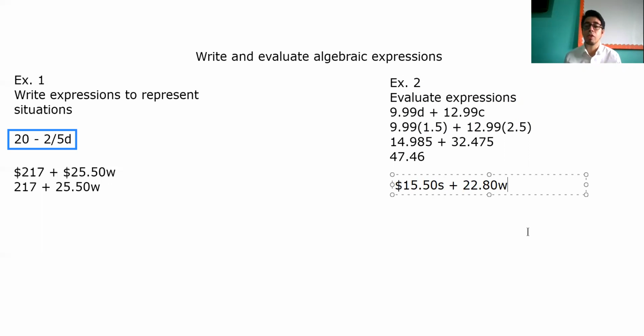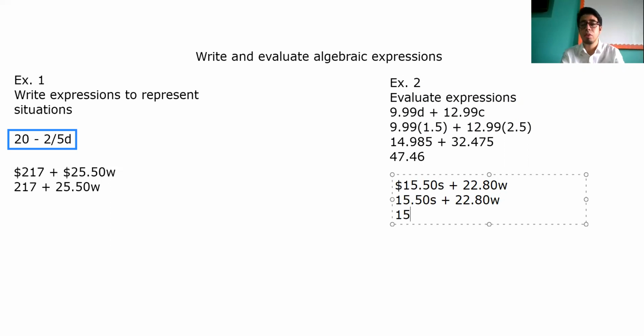For the number of hours they give you, we are going to replace later with the number of hours. So the expression we have is 15.50 plus 22.80, and we multiply by the variables in here.